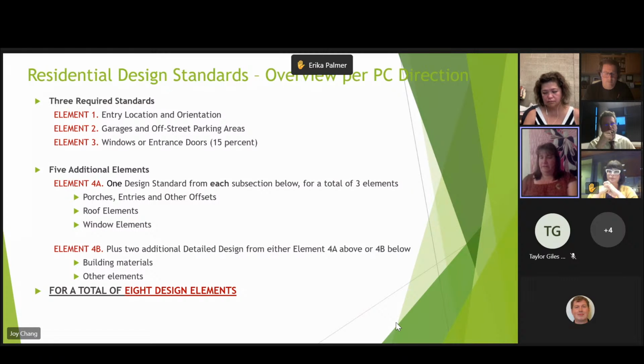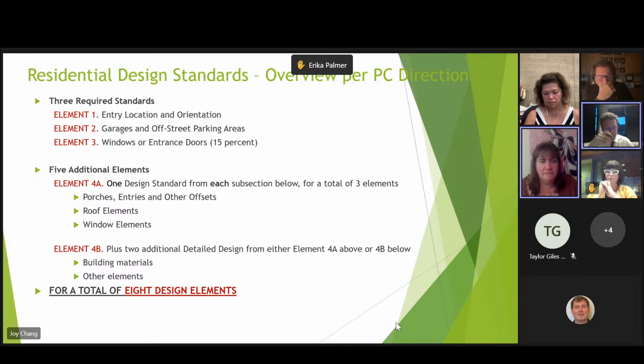I can't imagine a scenario where the garage is on the front and can't be in front of the house, that the front door isn't going to be on the front of the house. Right. So I think the 8 foot is.